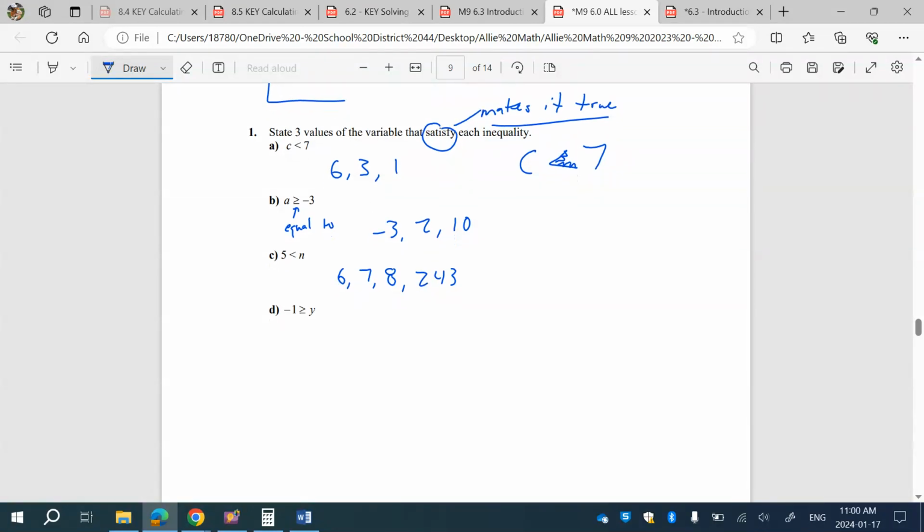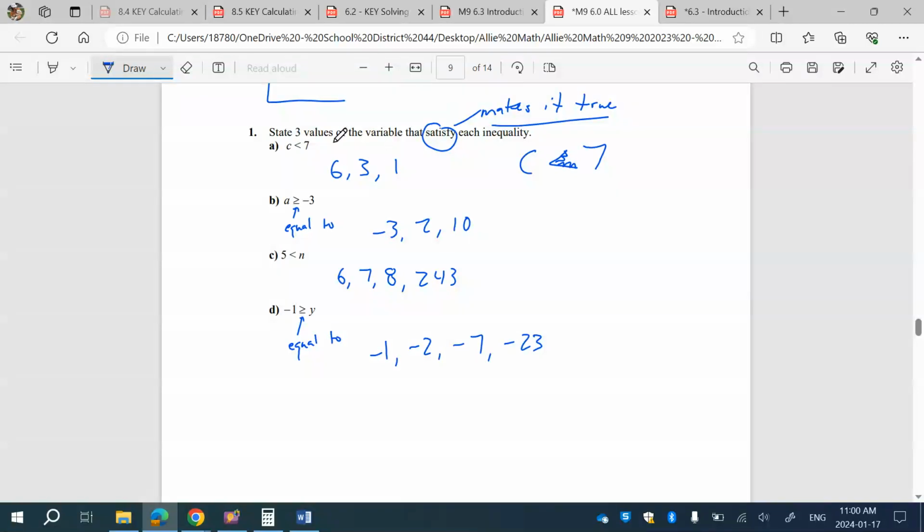And finally, we have another kind of less than, or this little line, remember, is equal to. So we're saying that y is less than or equal to -1. So we could have it as -1. Let's do that. But also -2, -7, -23.